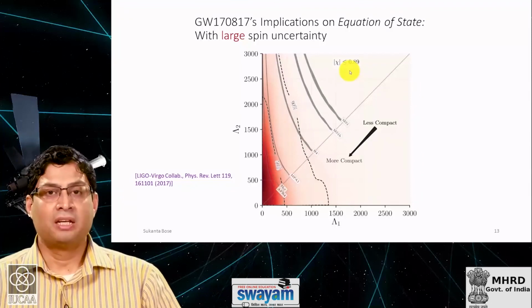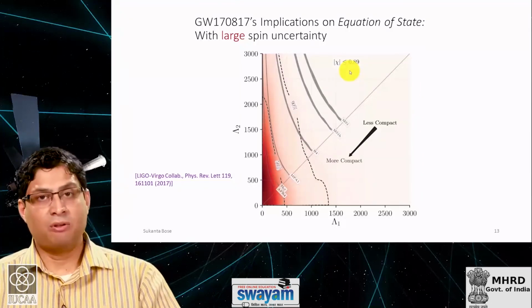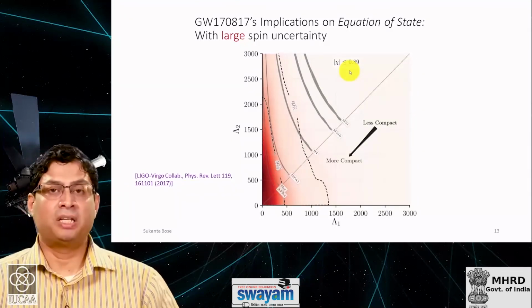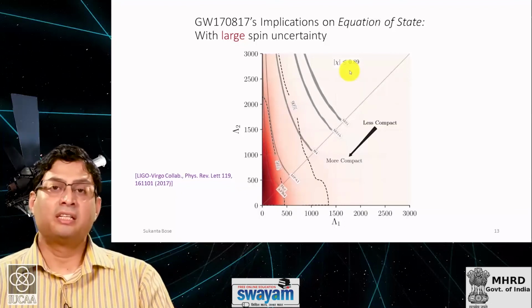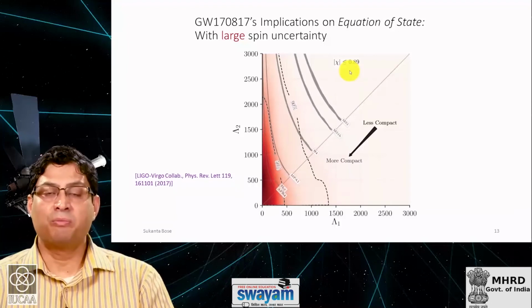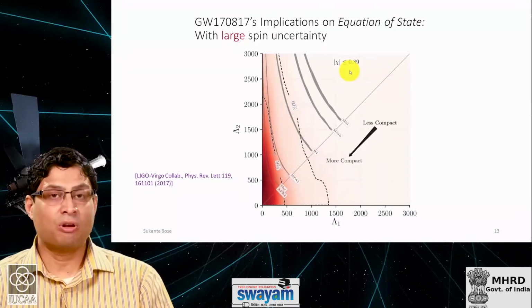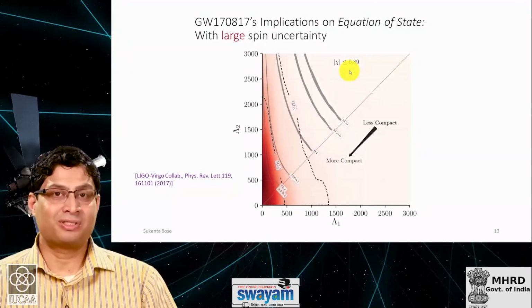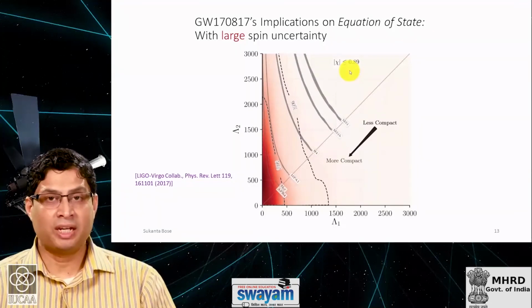So similarly for black holes, we have observed multiple binary black hole systems already. These allow us to test whether predictions of Einstein gravity are actually correct, especially in the strong field limit. Remember, solar system tests don't quite allow us to do that.